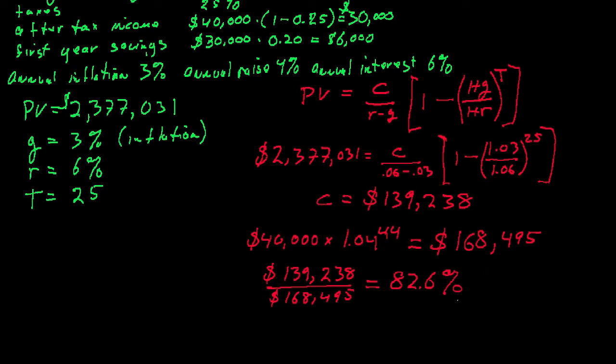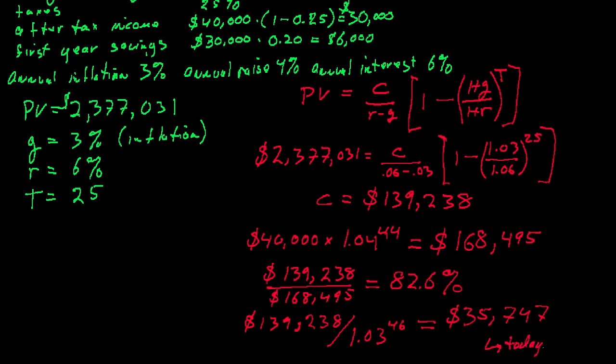Not bad. But how much is that going to buy you? What's the buying power of $139,238 46 years from now if prices are going up 3% each year? We need to discount for 46 years by 1 plus the inflation rate of 3% to get that buying power in today's dollars. 139,238 divided by 1.03 to the 46th power equals $35,747.